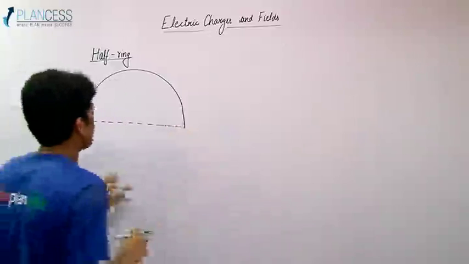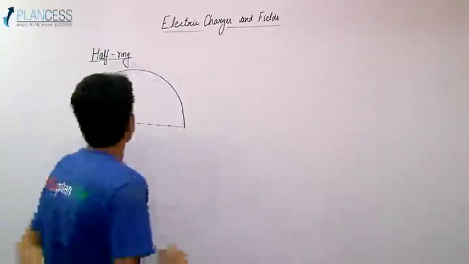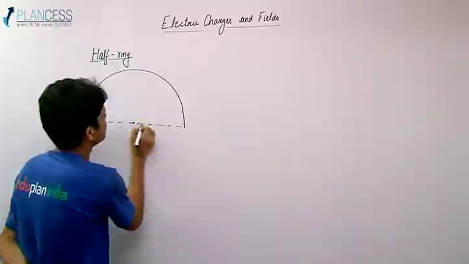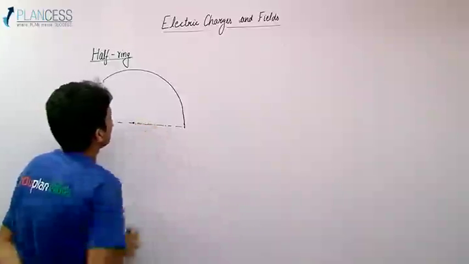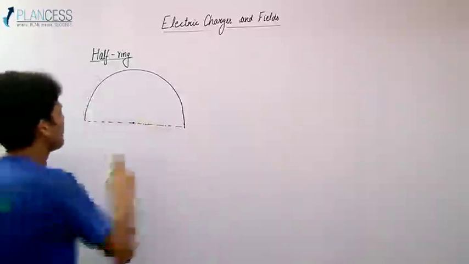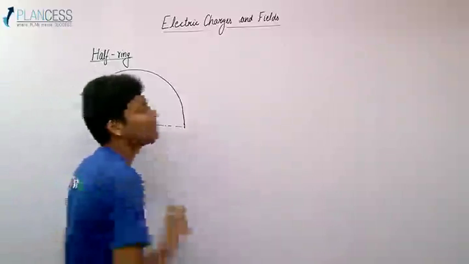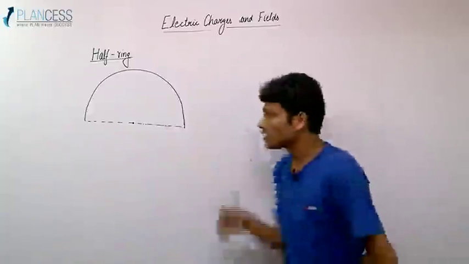We have to calculate the formula for the electric field at the center of this half ring. Not exactly the center, let us calculate it in a general way, but okay, for now. Let us denote this figure.